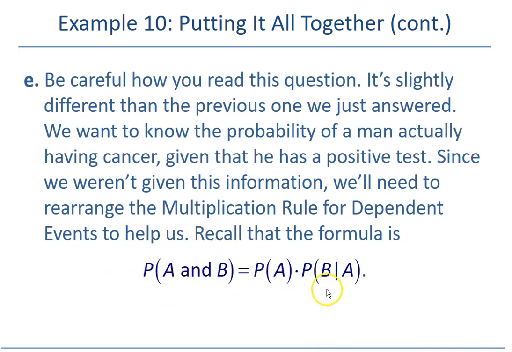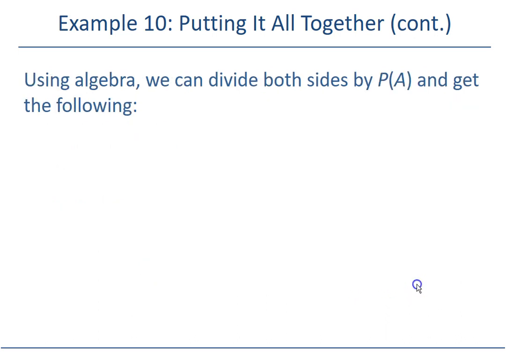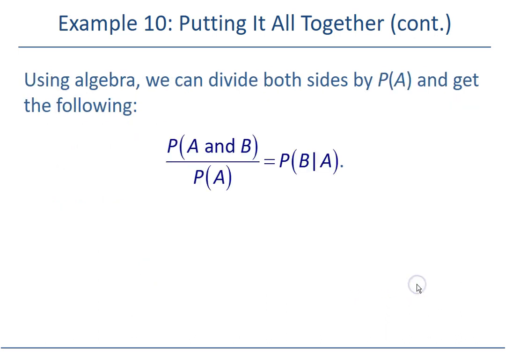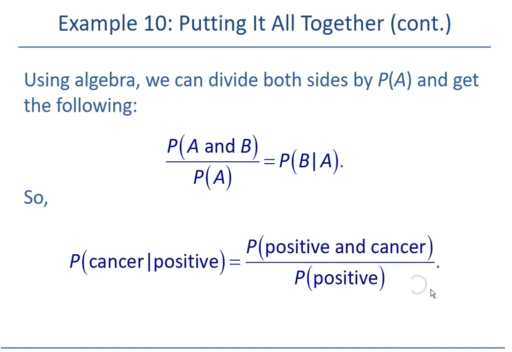And this was the basic formula: the probability of A multiplied by the probability of B given A. So they're using a little algebra and eventually end up with this. So take a moment to write it out.